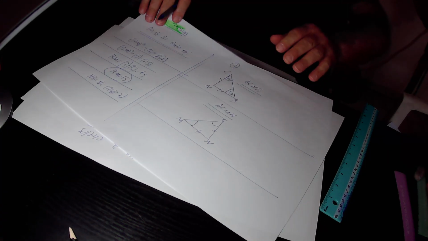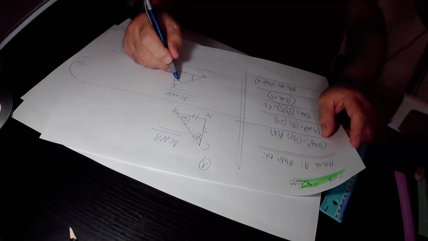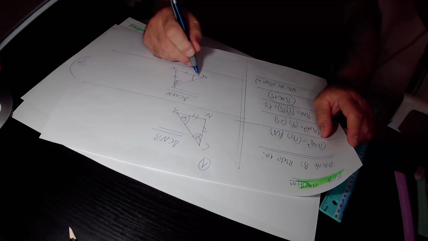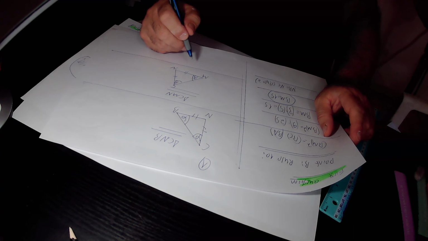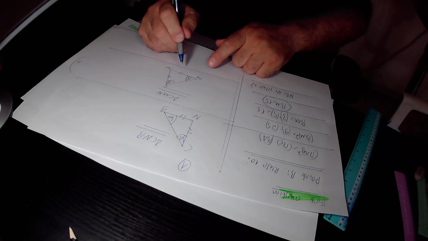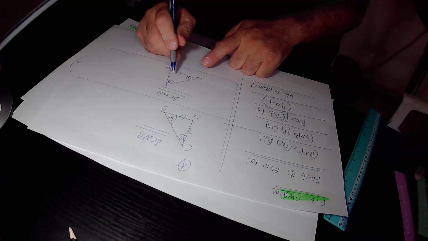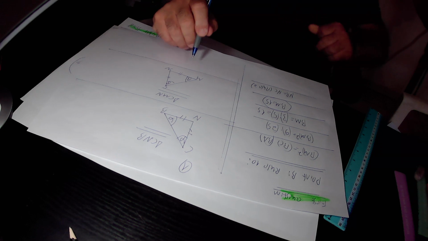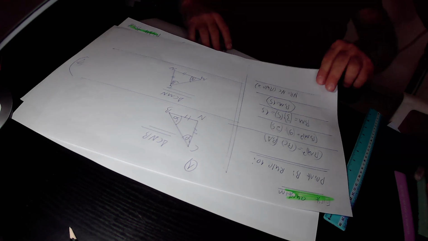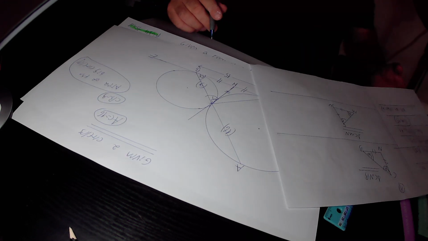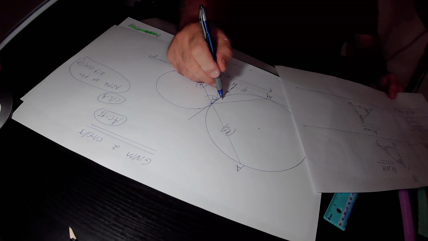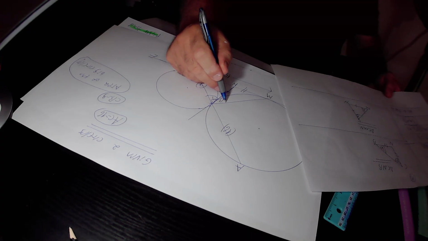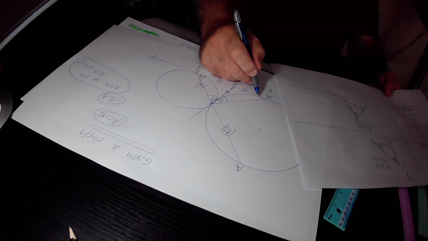So if we define the size of this angle as beta, then this angle must also be equal to beta, according to the rule that states that in front of equal sides in a triangle are equal angles. So we found out that this angle equals beta, and this angle also equals beta.